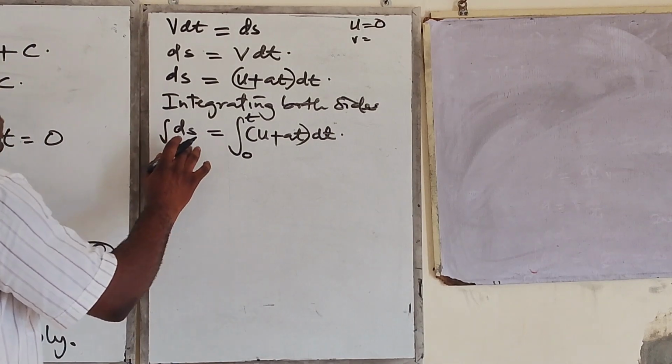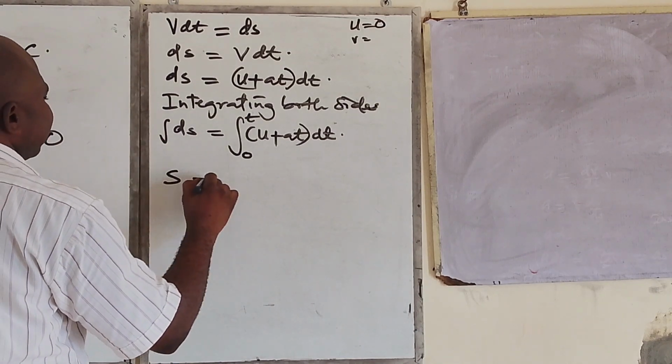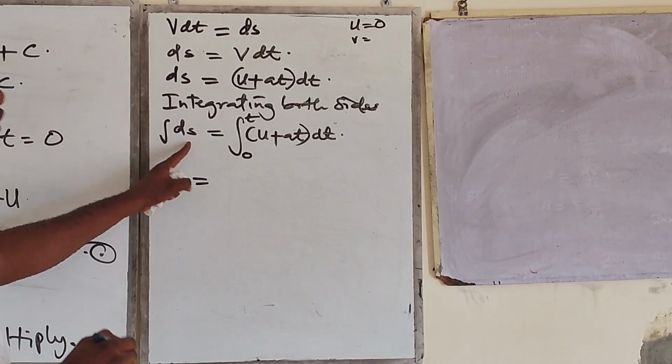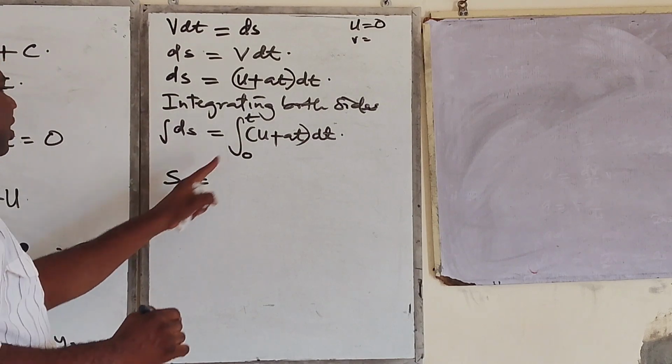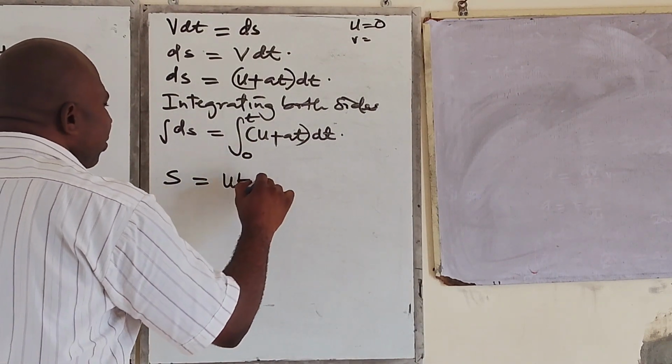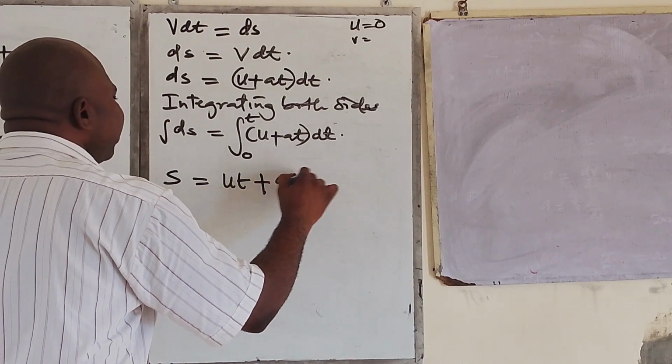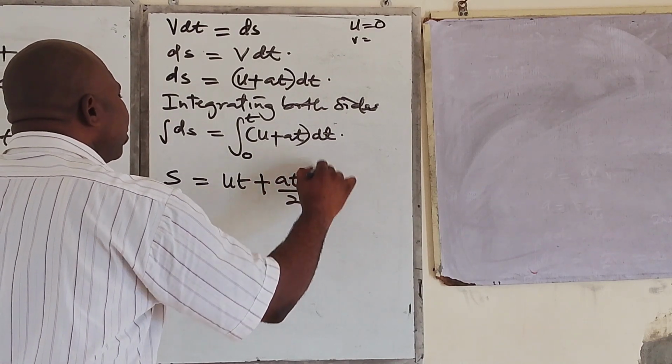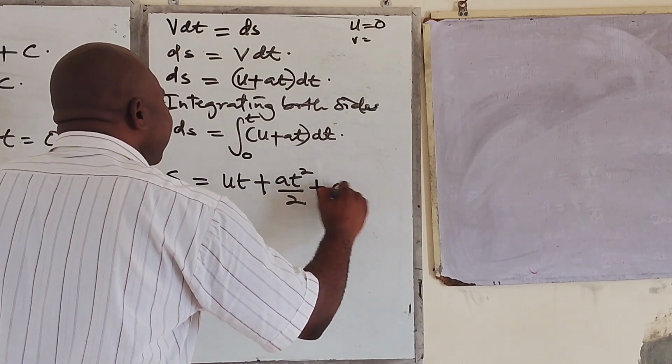So when you integrate dx, we have x. When you integrate change in x, we have x. Now when you integrate the whole of this, we have ut plus at squared all over 2, then plus c.